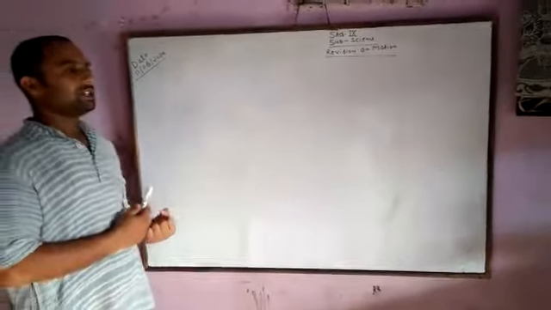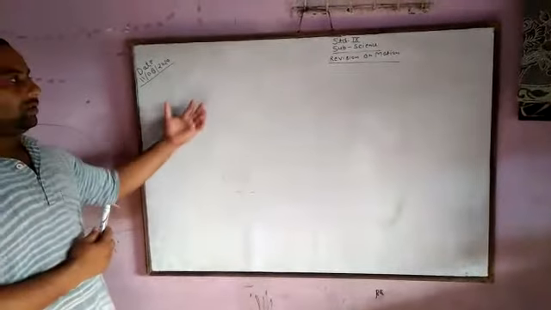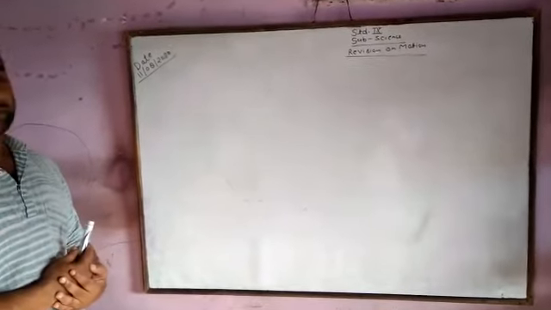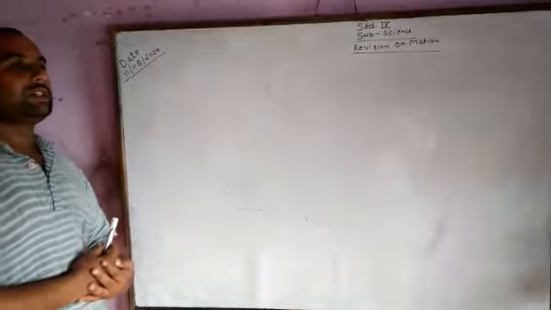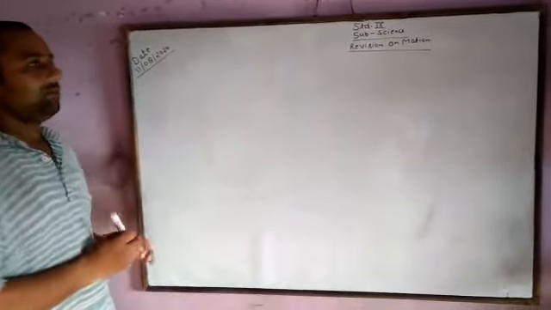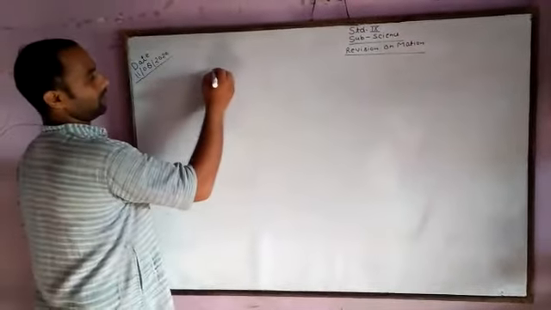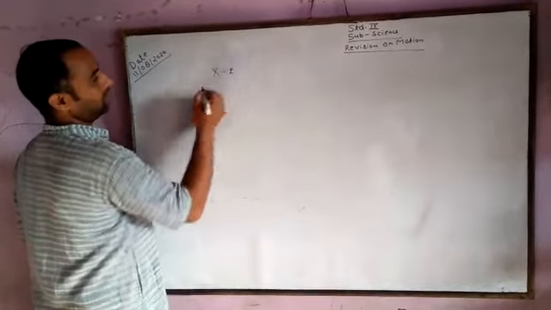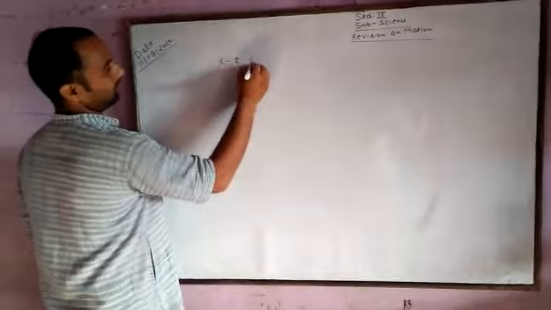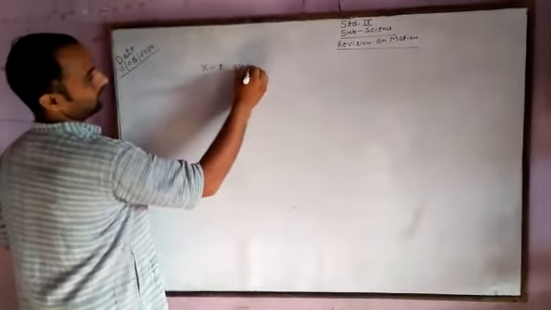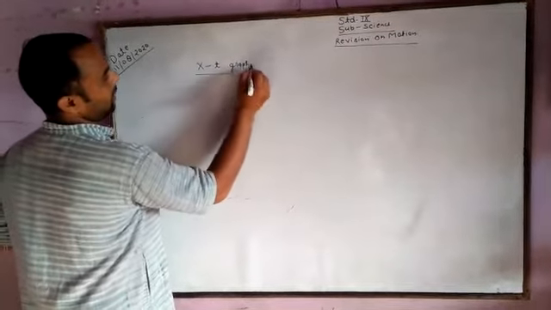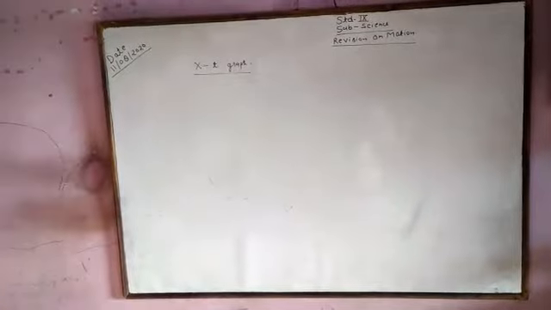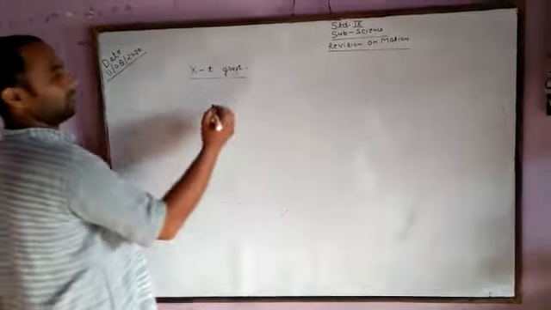In the previous lectures we also discussed the graph of uniform motion, and now we have to discuss the velocity time graph. First, the xt graph, the displacement time graph. First we have to discuss the displacement time graph.